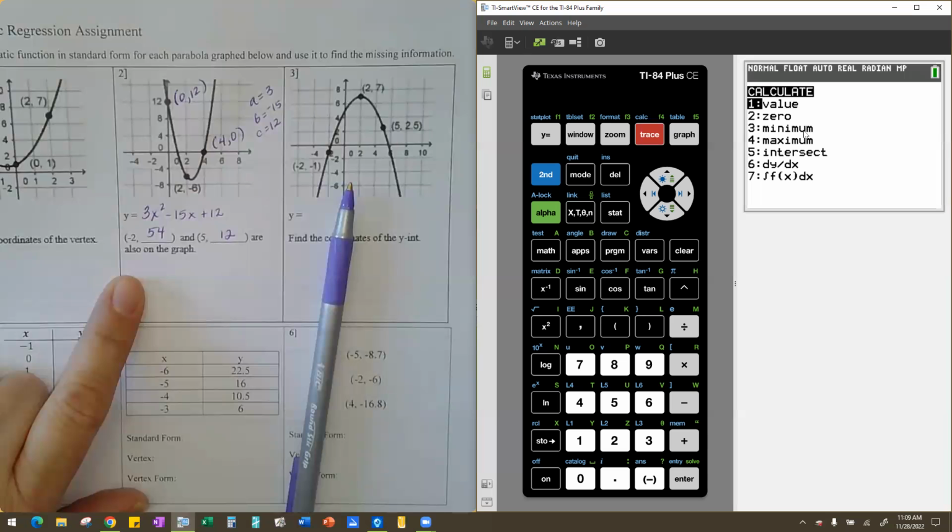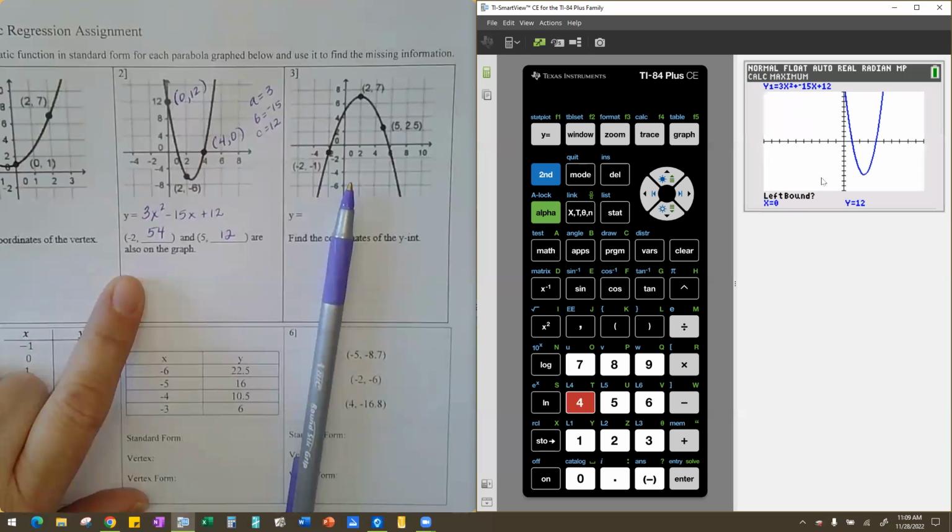And since this graph has a minimum, if I do 3, I can have the calculator tell me the minimum. I need to make a left boundary, and it puts a line right there. And you move this so that there's also a right boundary, and then you want it to guess what's the minimum between this left vertical line and this right vertical line.